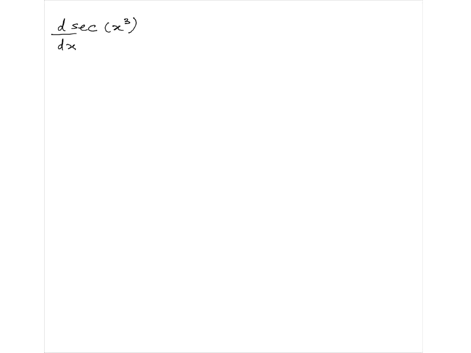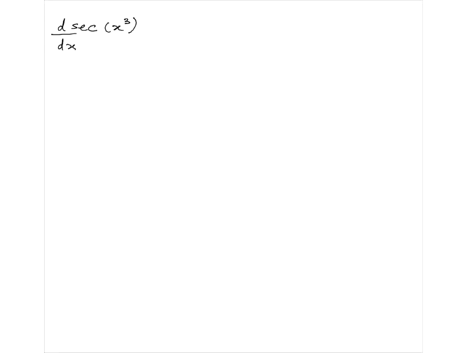Find d/dx of sec of x cubed. 3x square sec of x cubed 10 of x cubed.